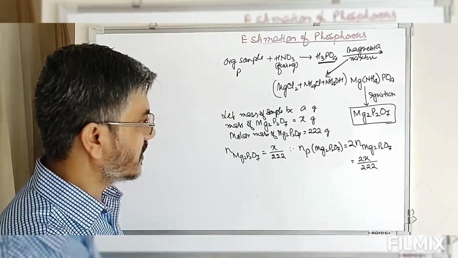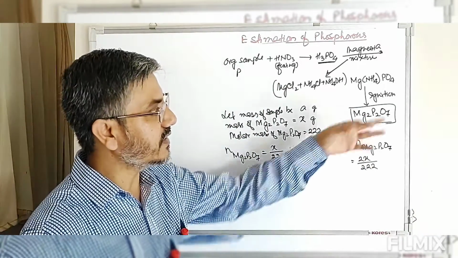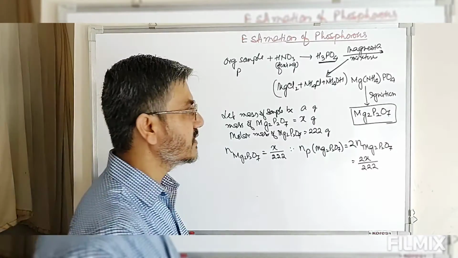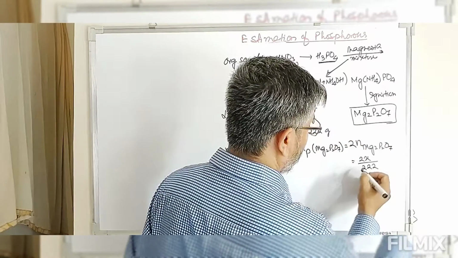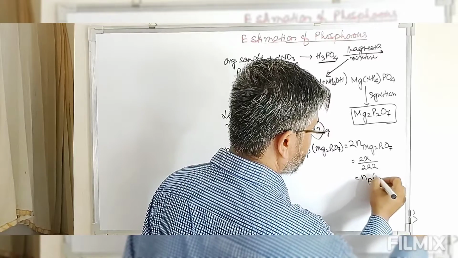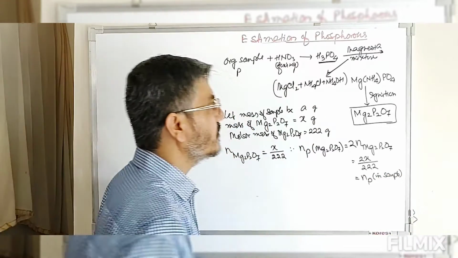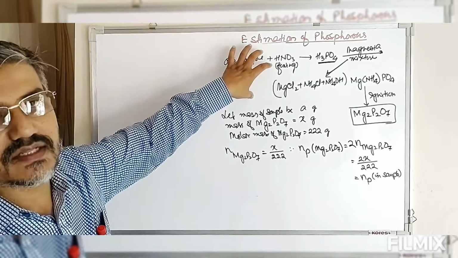This is the number of moles of phosphorus present in the final compound, magnesium pyrophosphate, and it is equal to the number of moles of phosphorus in the sample, because all this phosphorus is coming from the organic sample containing phosphorus.